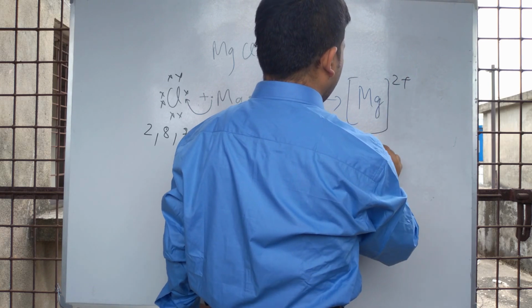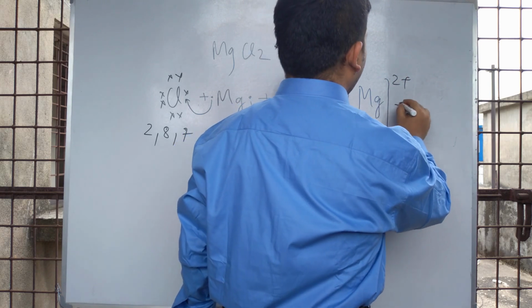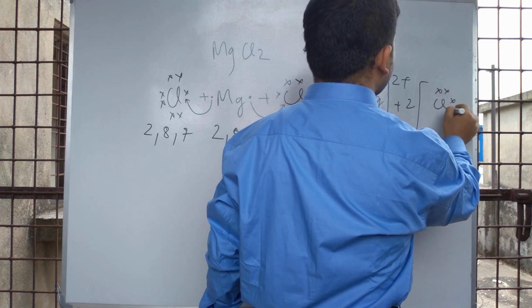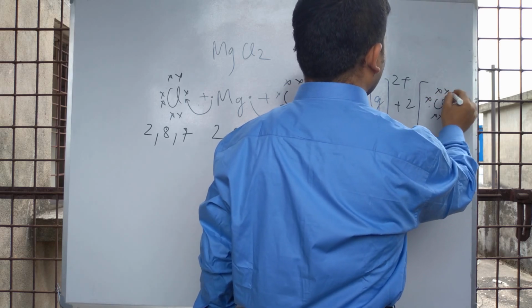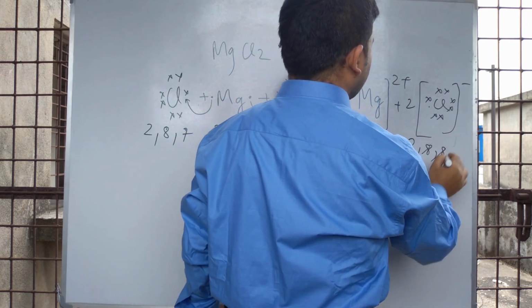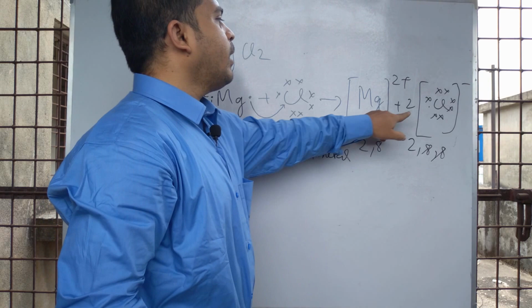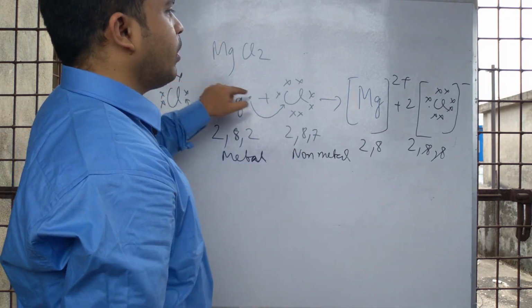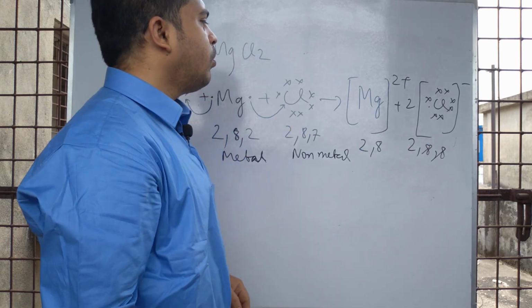2 plus, which is 2, 8, and 2 Cl minus, which is 2, 8, 8. I am writing 2 here because this one will form a Cl minus and this one will form a Cl minus. Total 2 Cl minus will form.